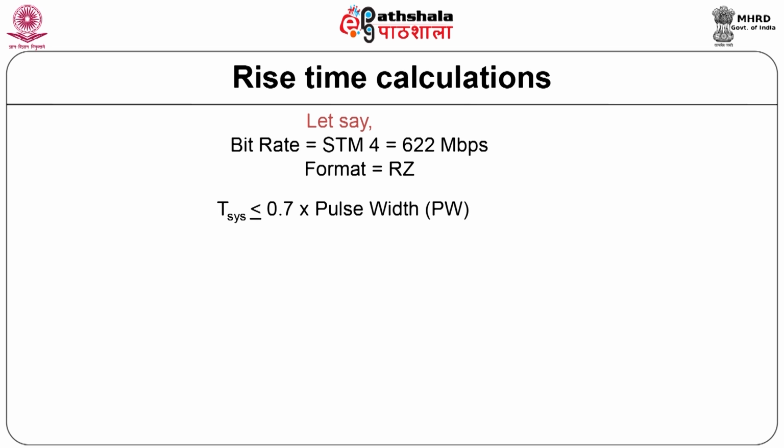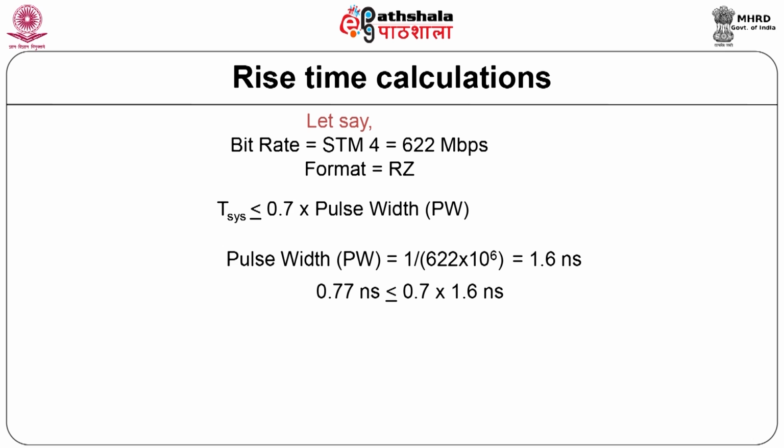T system less than 0.7 into pulse width. Pulse width is equal to 1 upon 622, that is equal to 1.6 nanosecond. So 0.77 nanosecond less than or equal to 0.7 into 1.6 nanosecond. 0.77 nanosecond is less than 1.1 nanosecond. So it is a good rise time budget.